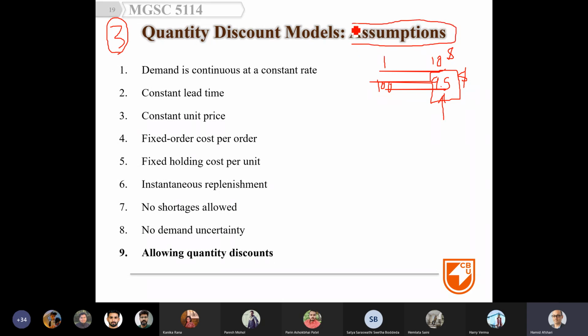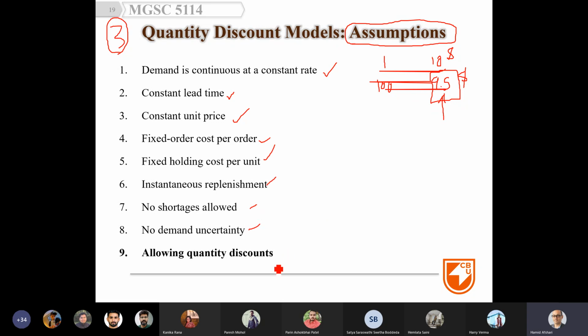Assumptions means something that we have in our mind when we try to study this model, which is quantity discount model. Okay, demand rate is continuous at a constant rate, no change with the classical model. Constant lead time, no change. Constant unit price, no change. Fixed order cost per order. So all of them are the same.